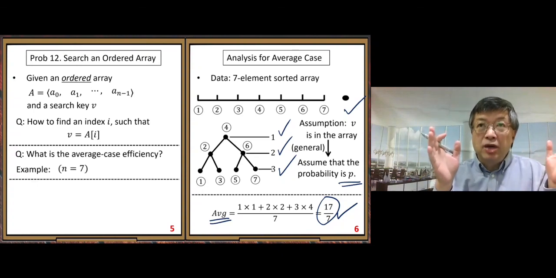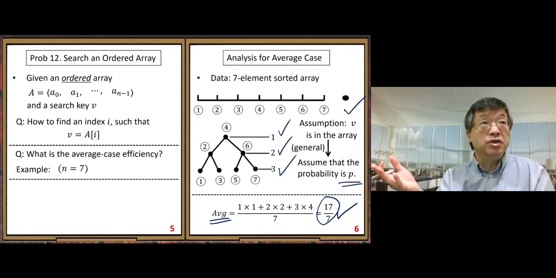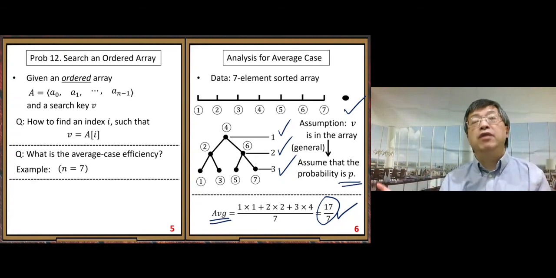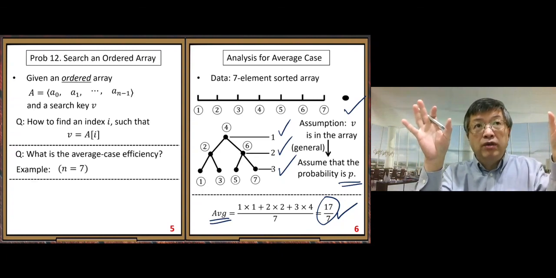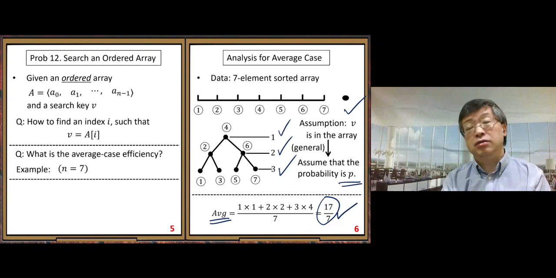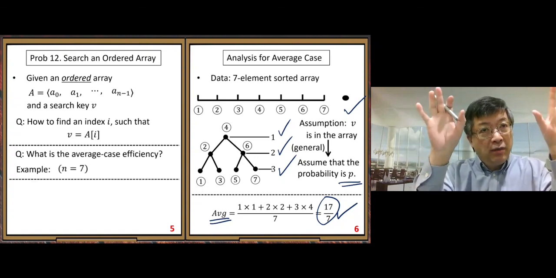I noticed that some students feel the number of comparisons can only be an integer. For the worst case and best case, it's true. But for the average case, although each case has an integer number of comparisons, when we take the average, in general it's not an integer. So it's okay. All right, so here I finish B.2.